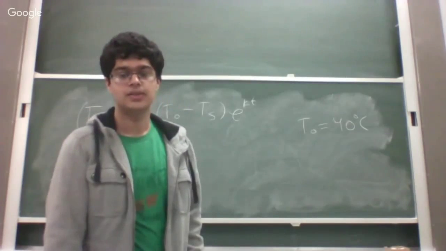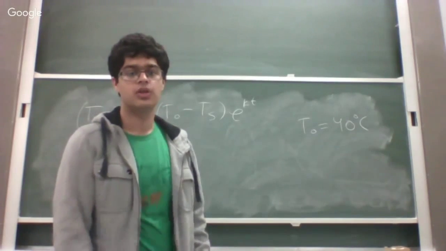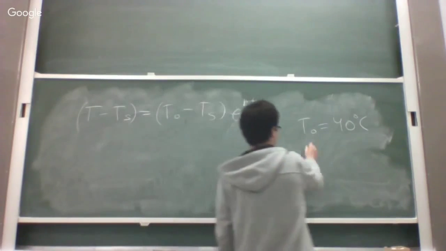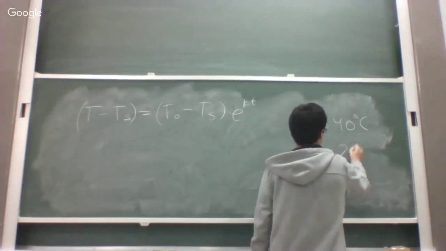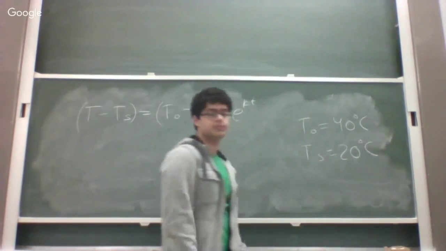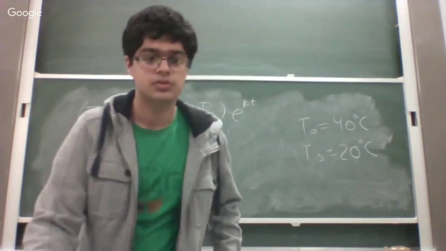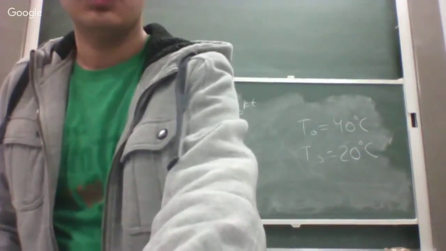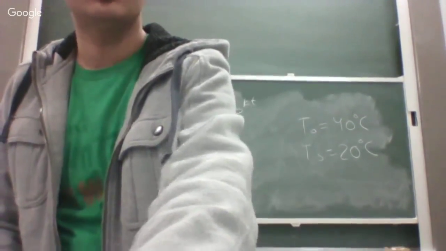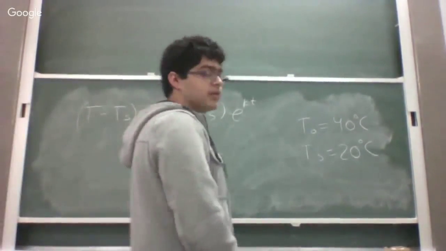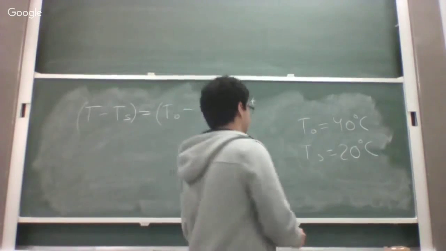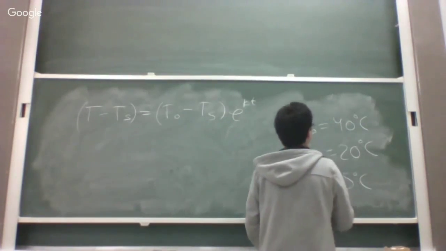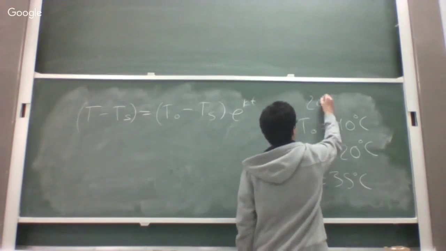It's brought into a large enclosure, which is at 20 degrees Celsius, so the surrounding temperature is changed to 20 degrees. If it cools to 35 degrees Celsius in 20 minutes, the object's temperature changes to 35 in 20 minutes.